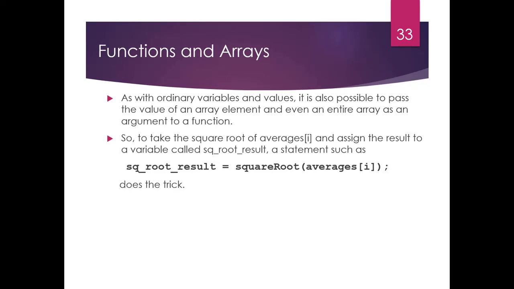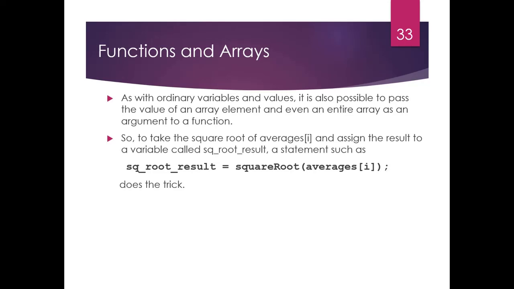There we passed data of any data type, integer data, character data, into the functions. So to take the square root of averages, an array of size I, and assign the result to a variable called squareRootResult.